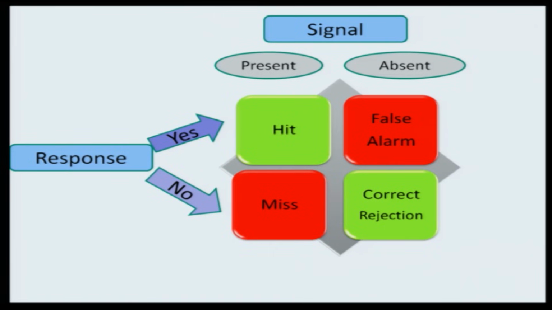The human operator has to detect, the human operator has to say that fine, I have identified the signal, which is a hit condition, or the signal is not present and you say that fine, the signal is not present, which is a correct rejection. These two conditions are fine, but think of the two other conditions marked red here: the signal is absent and you say it is present, a false alarm. What would this mean?